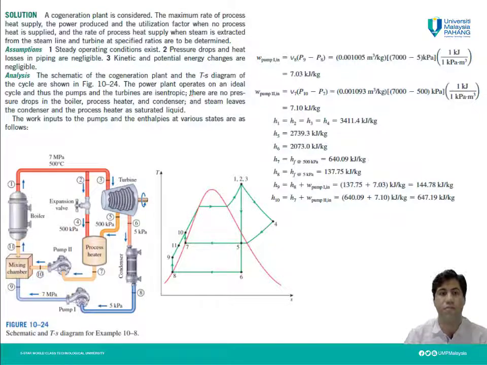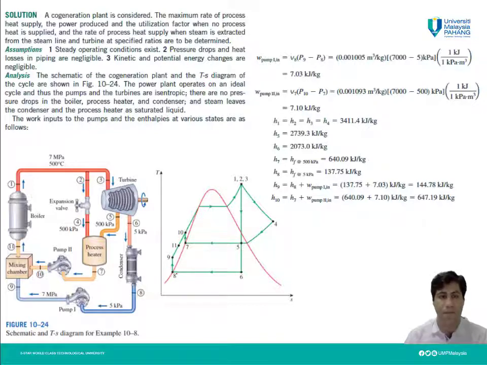And also there isn't any pressure drop in the boiler, so the pressure before and after the boiler is identical, 7 megapascal. It is the same for the process heater and the condenser, no change in pressure. Also, steam leaves the condenser and process heater as saturated liquid. This is important.